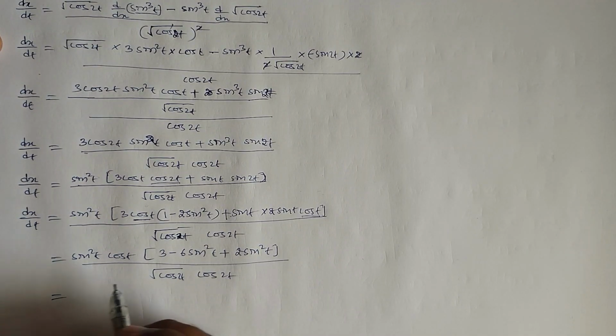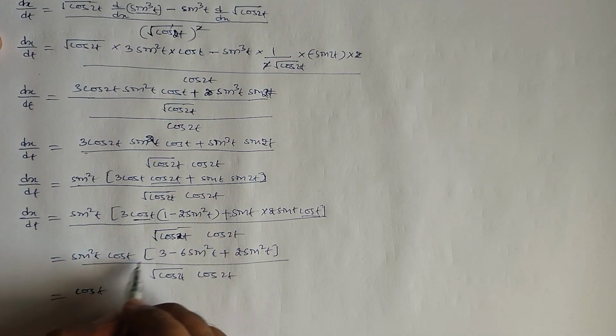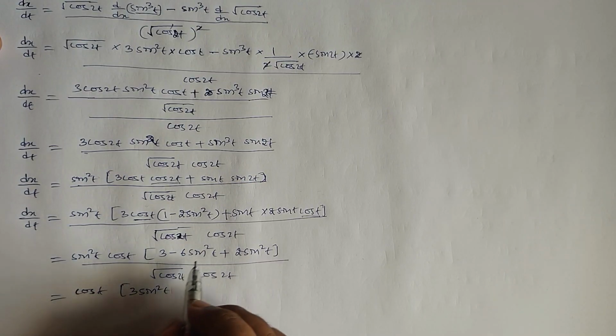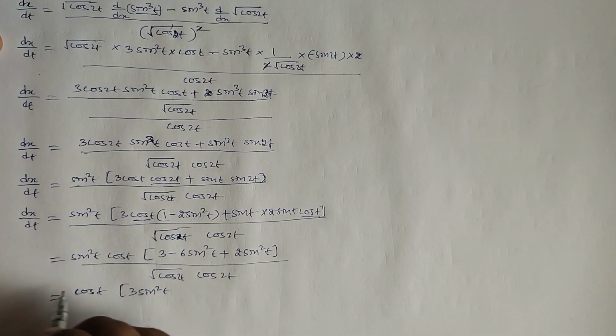Here cos t, and inside 3 sin square t. Next, only sin t inside, the remaining sin t here only.